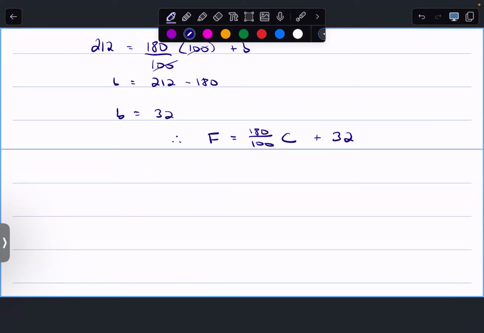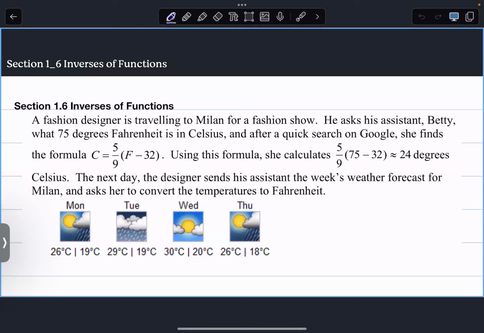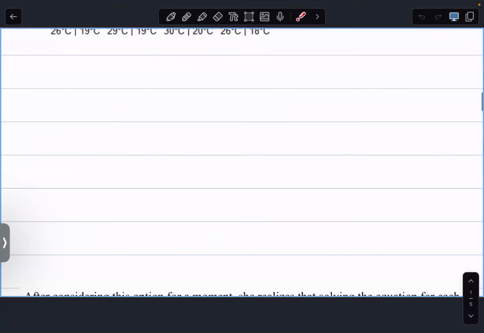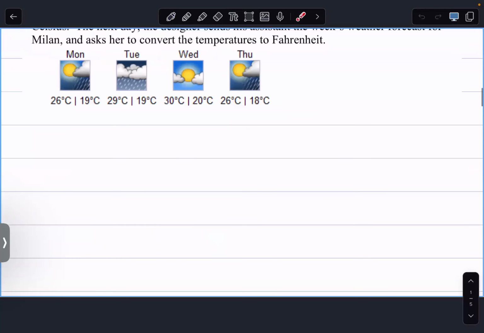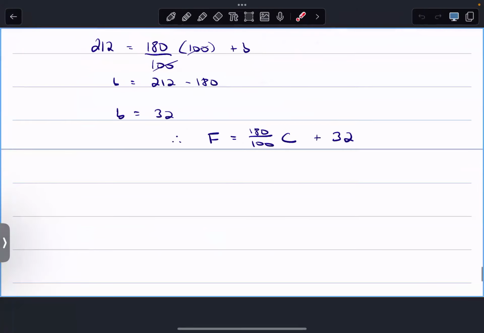Which section was it where they told us what the formula was and we worked around inverse functions? They used 5/9 times the Fahrenheit minus 32. But that's for the Celsius.